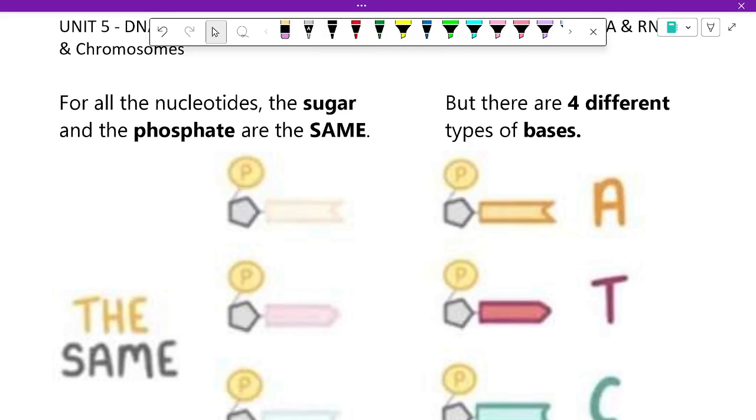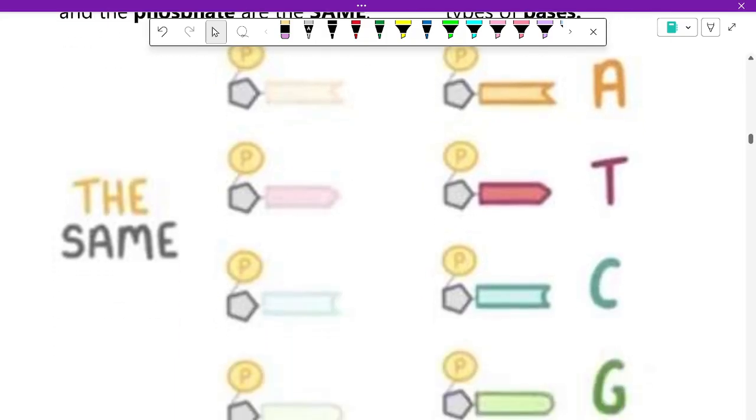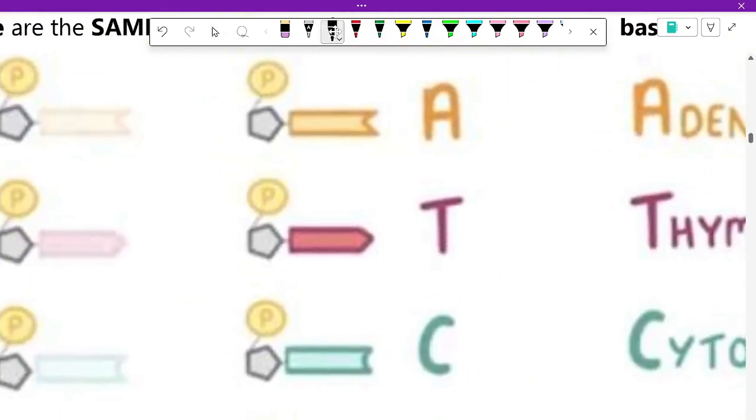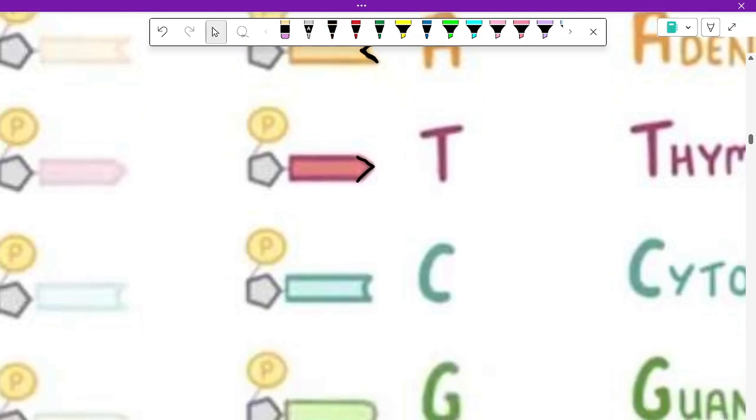A, T, C, and G. One thing you're going to notice is that the A is shaped like an inward triangle. The T is shaped like an outward triangle. The C is shaped like an inward circle, and the G is shaped like an outward circle.